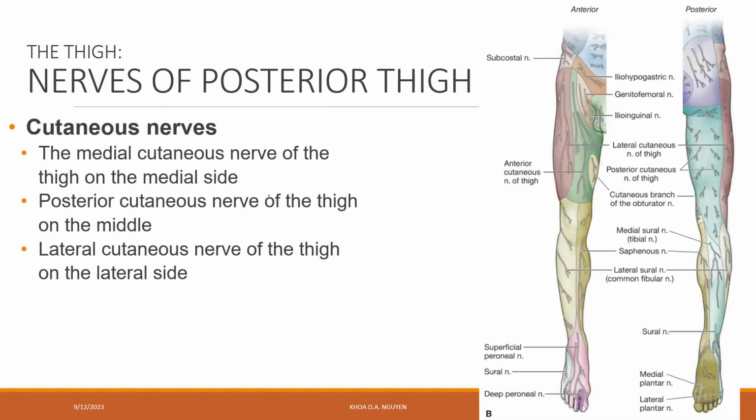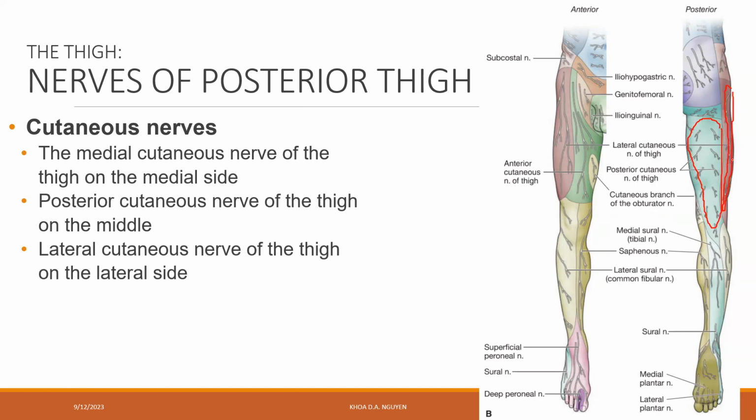All right. So for the cutaneous nerves, we have the medial cutaneous nerve of the thigh on the medial side, the posterior cutaneous nerve of the thigh, which is this huge region over here. Huge. And the lateral cutaneous nerve of the thigh on the lateral side, which is right here. So throughout all these lectures, you can basically see one thing.